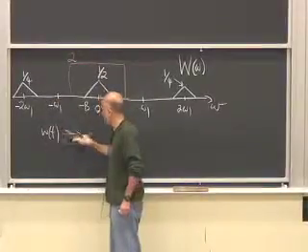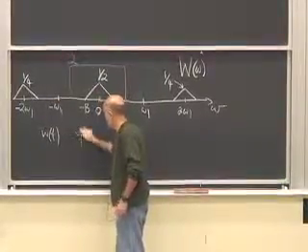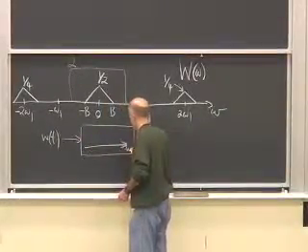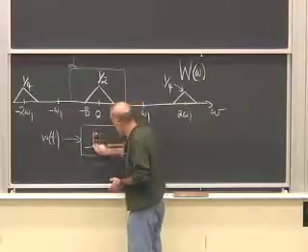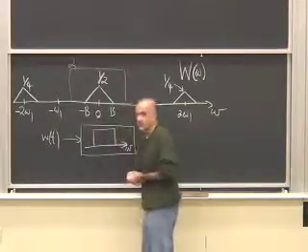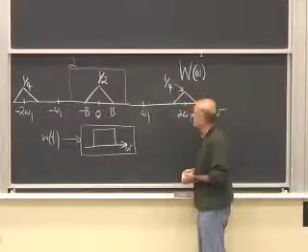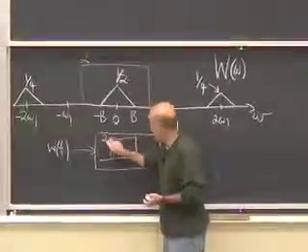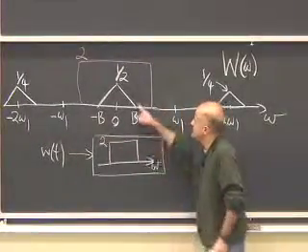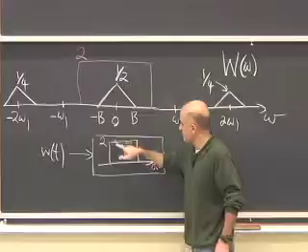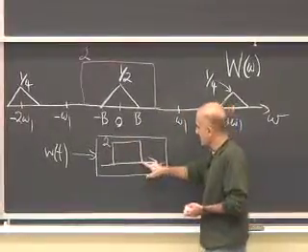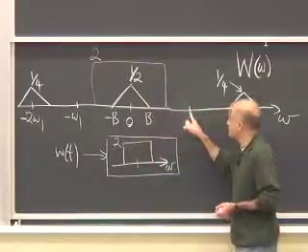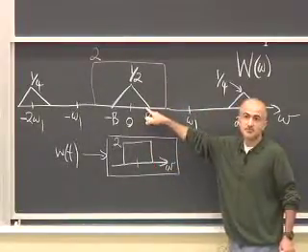Now this is a continuation of that diagram up there. Now W of t is sent through a filter that I'm going to draw the behavior of in the frequency domain, that amplifies everything that comes through it by a factor of 2. And these boundary frequencies, you have flexibility now because omega 1 is usually much larger than b.